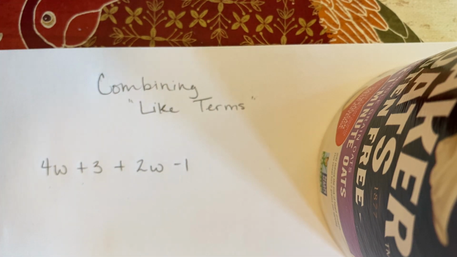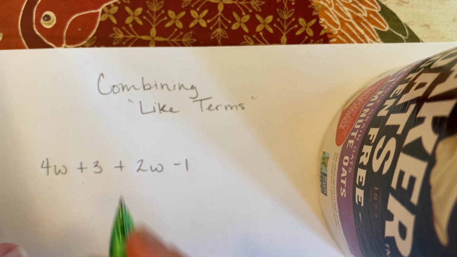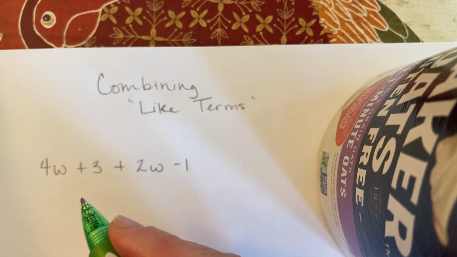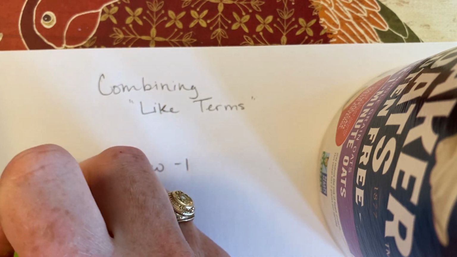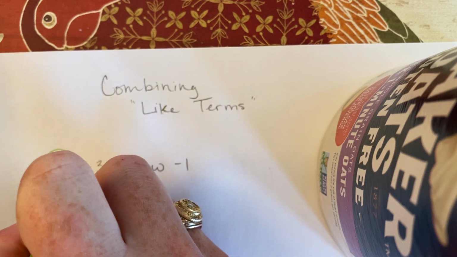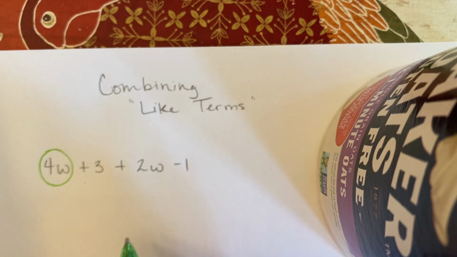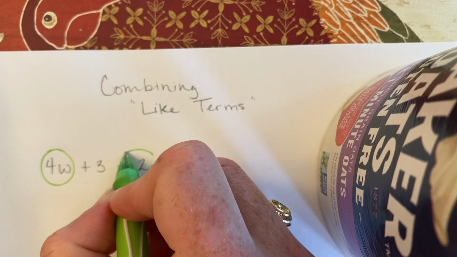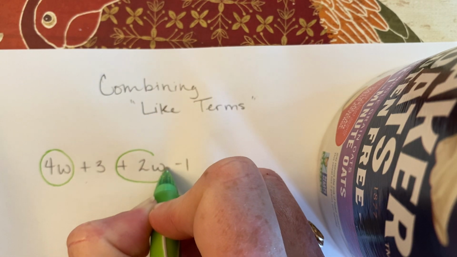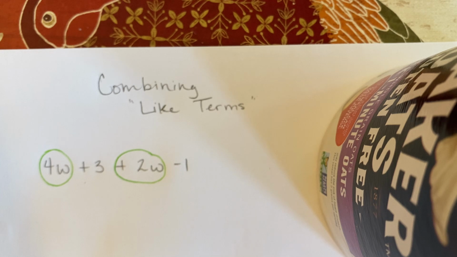What I would like to do is start by putting some symbols. I've got some different colored pens here. I'm going to put a green circle around the ones that have a w, and I'm going to make sure I catch that plus sign when I circle the 2w.